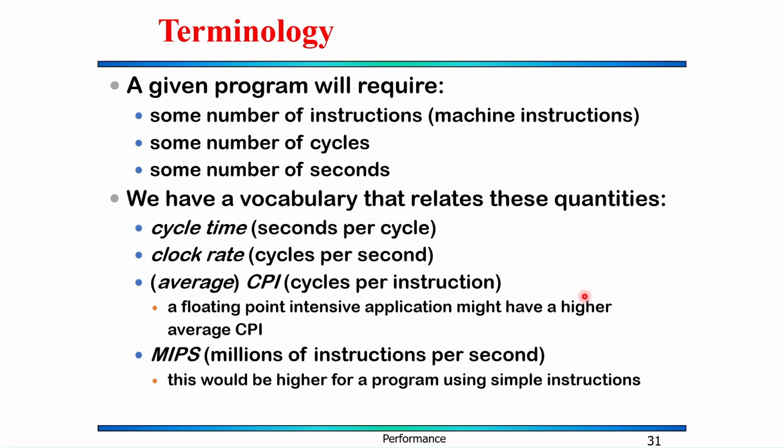This measures how many million instructions the processor can execute in 1 second. MIPS would be higher for a program using simple instructions that complete quickly. However, MIPS can be misleading because different instructions do different amounts of work. So a program with high MIPS is not necessarily faster if each instruction does very little.